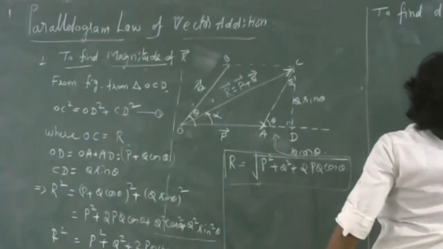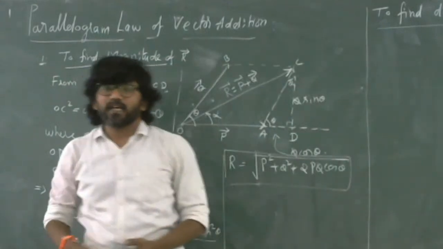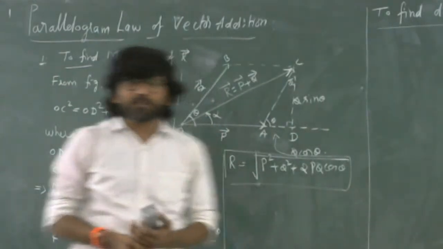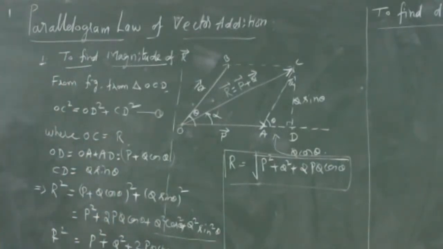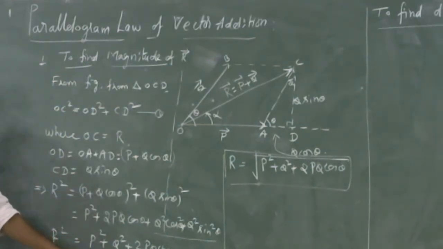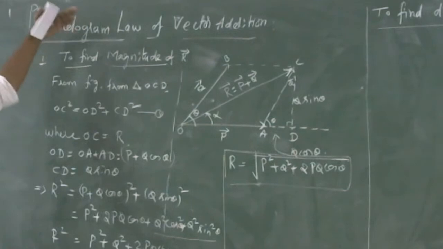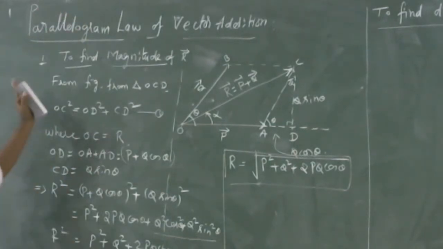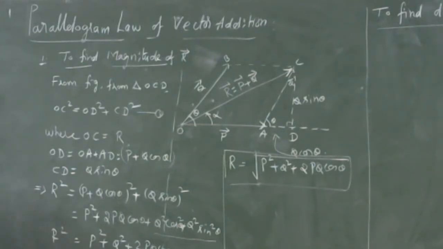Next, write down the subheading: to find the direction of the resultant vector. Oh, it is not visible on the board. Then copy it down. For our reference, the part is not visible, so let me erase this and I'll write here only. Put it down first.